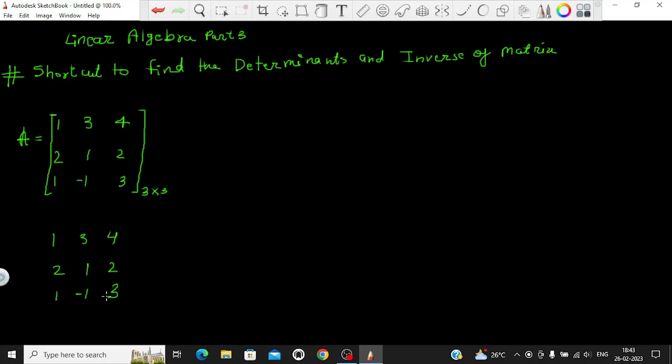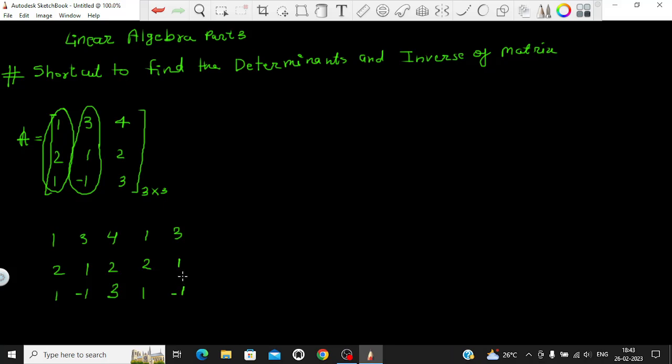Now we will write another 2 columns, means these 2 columns we will write again. So it will be 1 2 1 and this column we will write again, so this is 3 1 and -1. Now we will stop here.